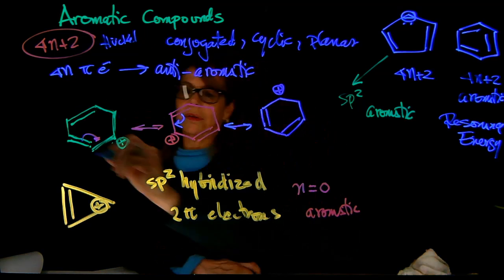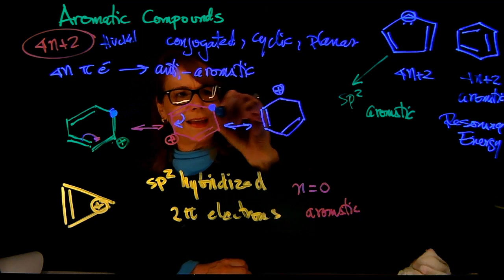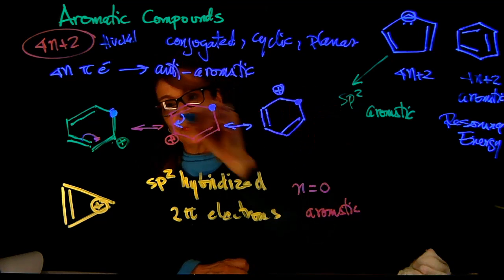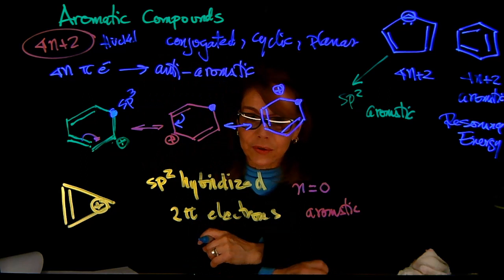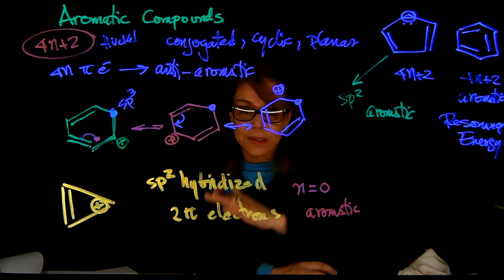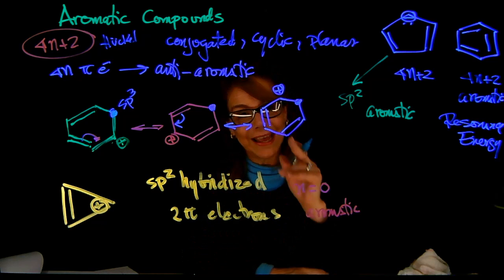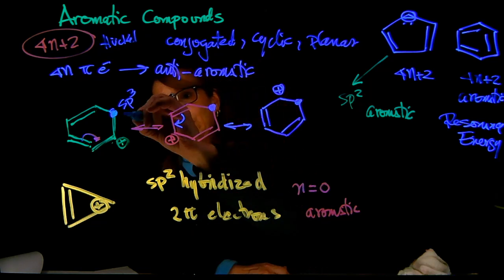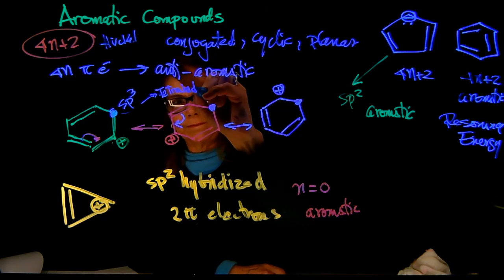So you have conjugation, but notice that there is a carbon here that is sp3 hybridized, so that interrupts the conjugation. You need to have a continuous system of p orbitals, so it is not fully conjugated. And it's also non-planar, because that is an sp3 carbon. Remember, geometry here is tetrahedral.